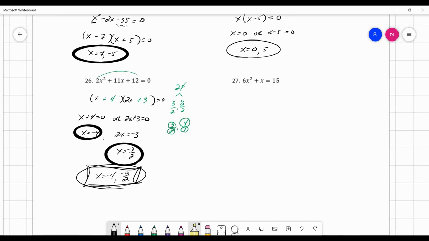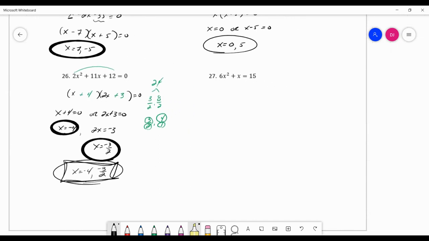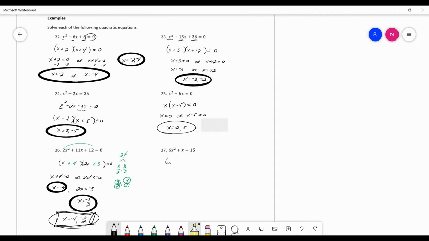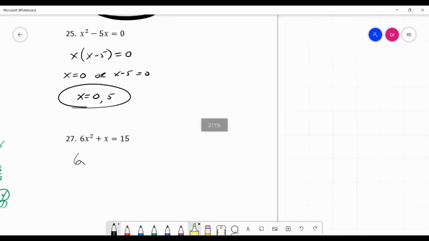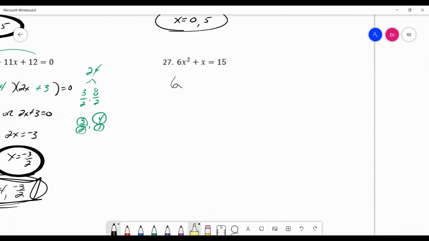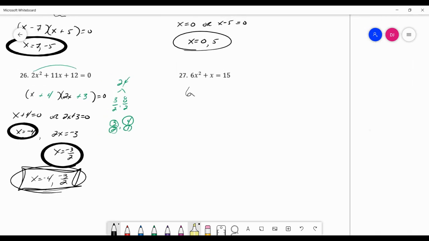Last problem, very similar. First, remember the first thing you want to do. Sorry about that.